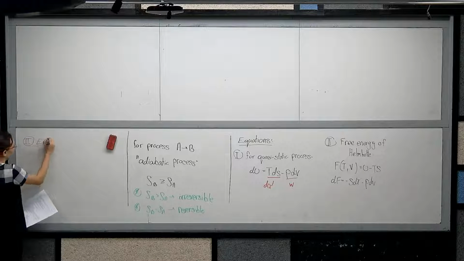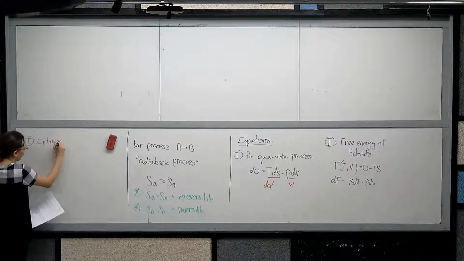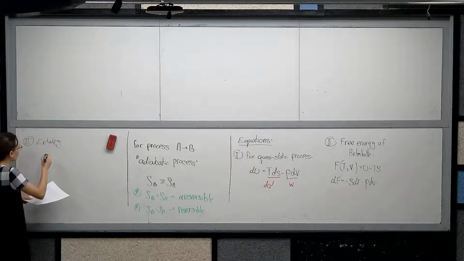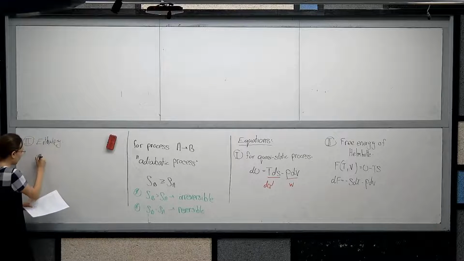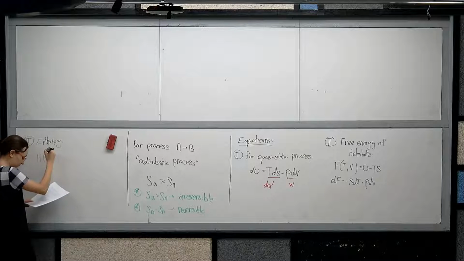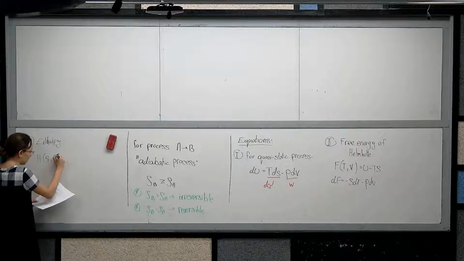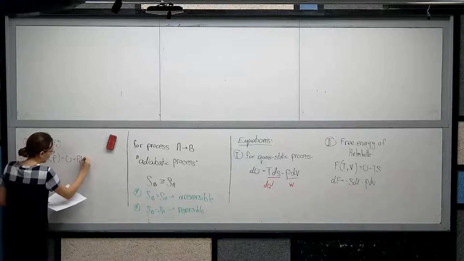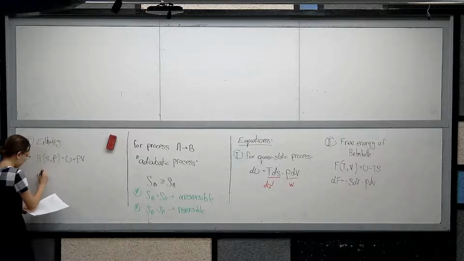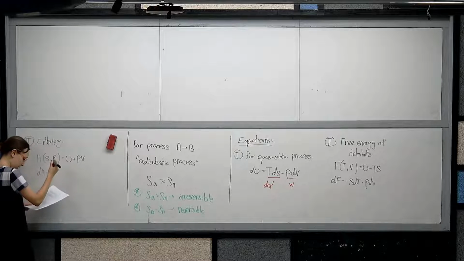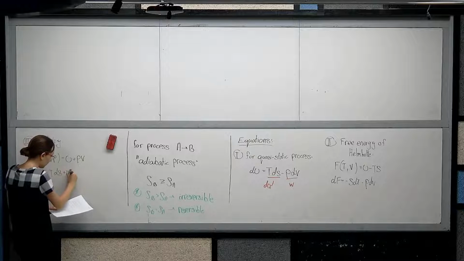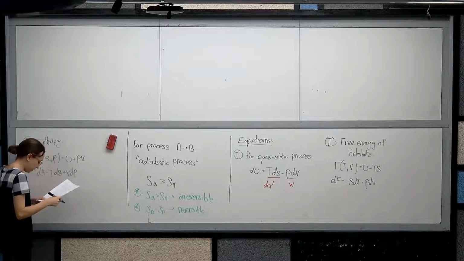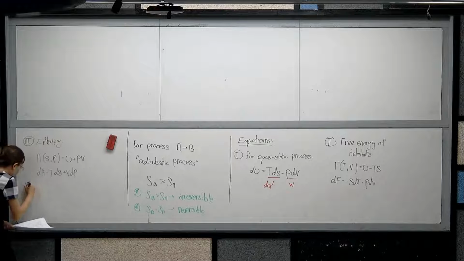We have the enthalpy. So H, and its variables are S and P, equals U plus PV, and its differential is TdS plus VdP.